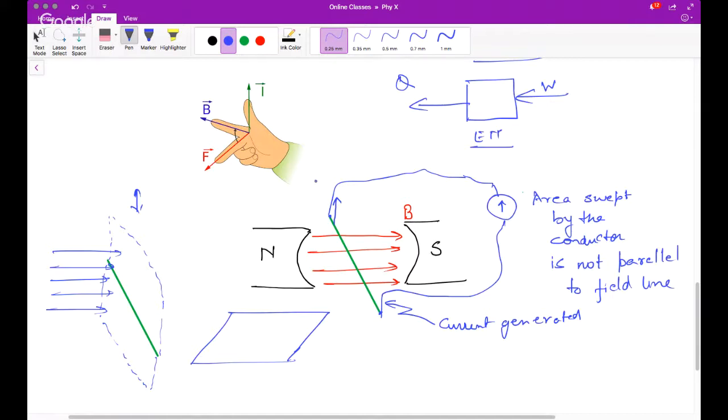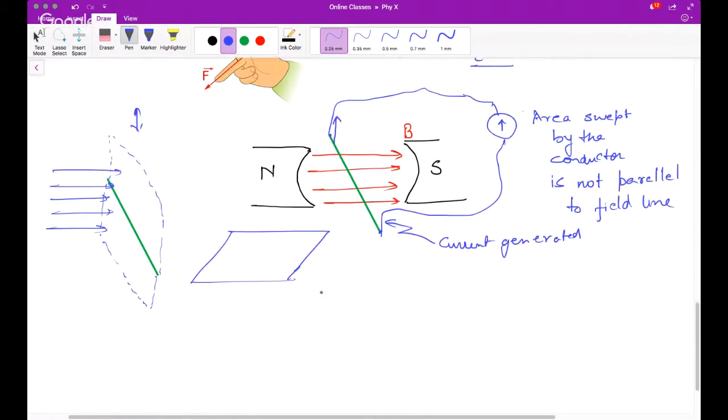But alternatively, Fleming gave his right hand rule. Same three fingers, same meaning, only the hand has changed. So what were the meanings, if you remember? Forefinger is for field, thumb is for thrust or the force.